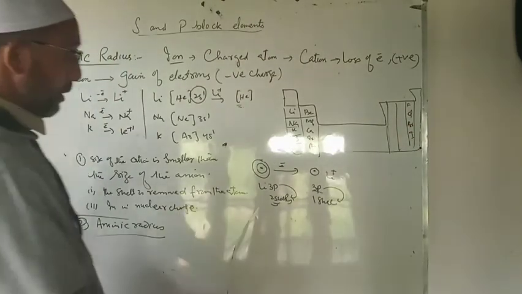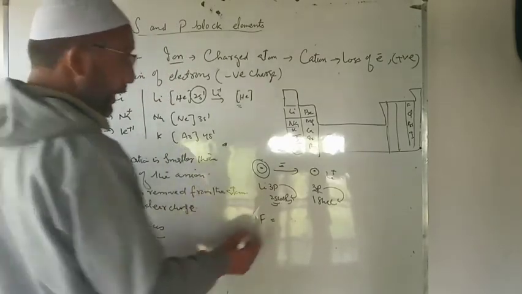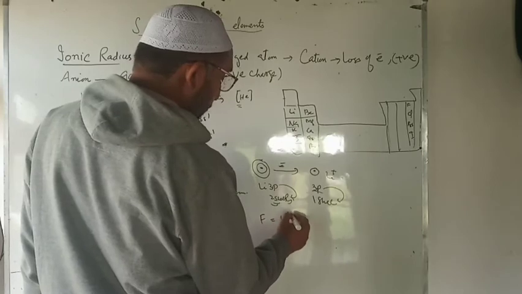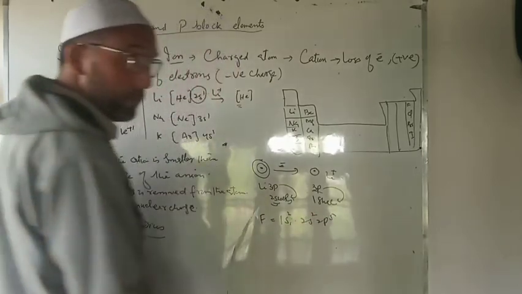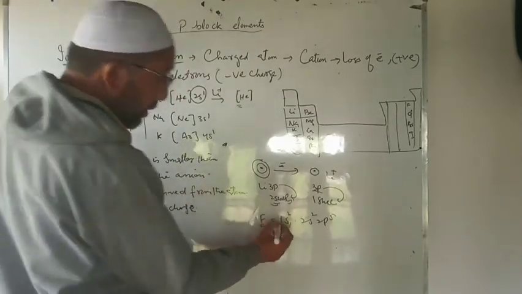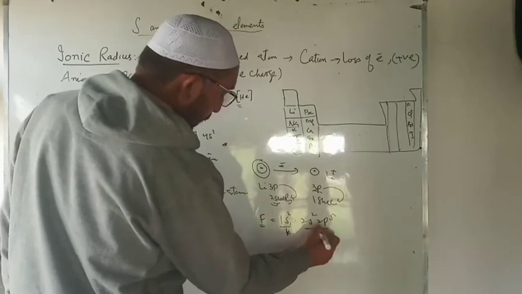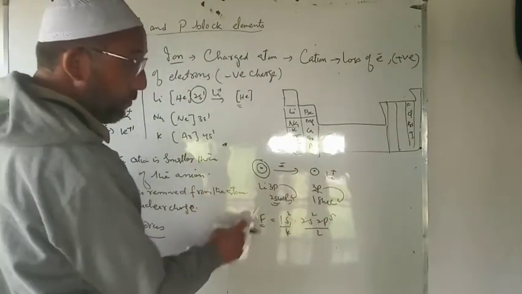Fluorine, as you have seen, has the electronic configuration of 1s2, 2s2, 2p5. Then two shells are there. In case of fluorine, there are two shells. One is this K shell, another is L shell.